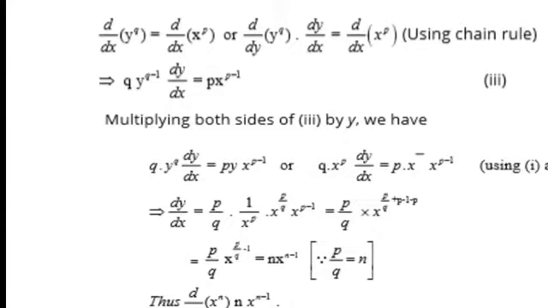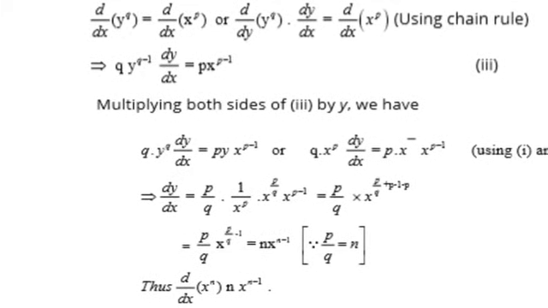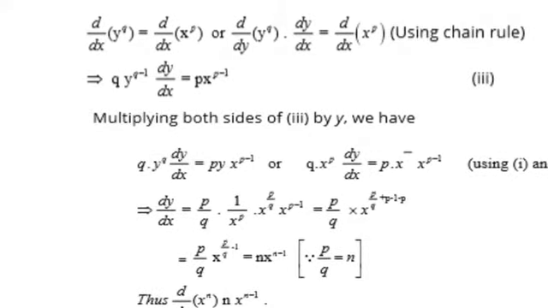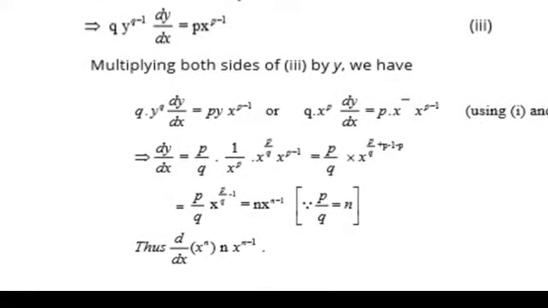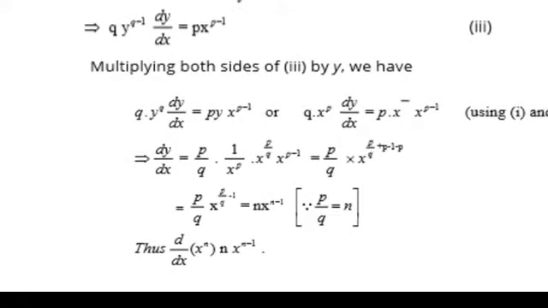We multiply both sides by y, and on the right hand side we put the value of y, and we divide by p y^q to the right hand side, put in the values and simplify, and get the same answer as the power rule, n x^(n minus 1).